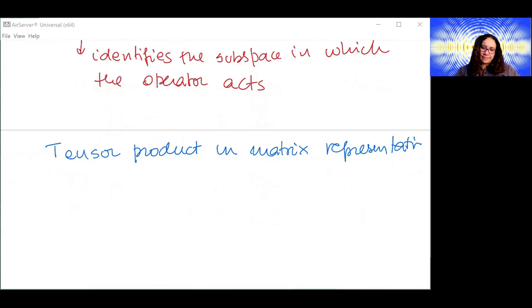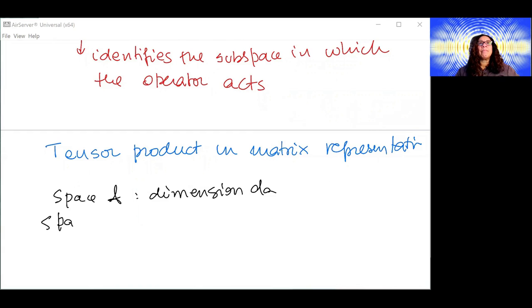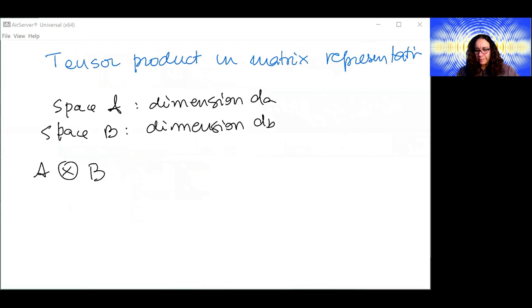If you have space A with dimension GA and space B with dimension GB, you know that A tensor product B is going to have dimension GA GB.